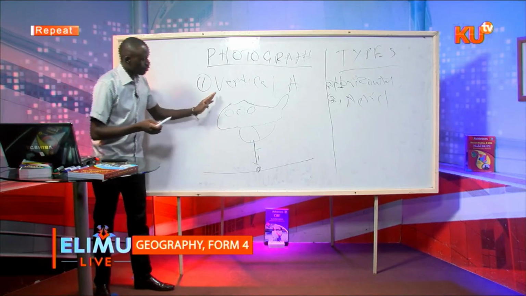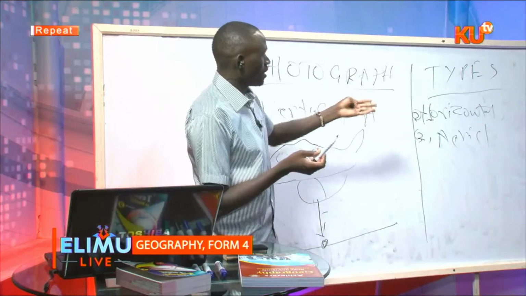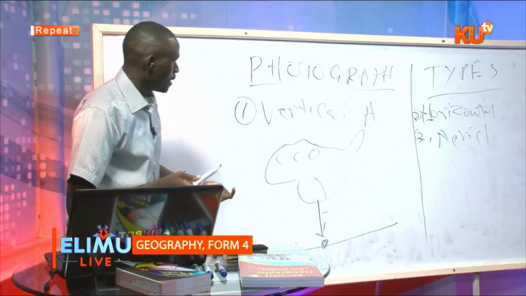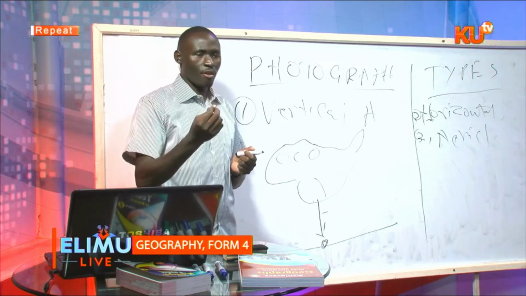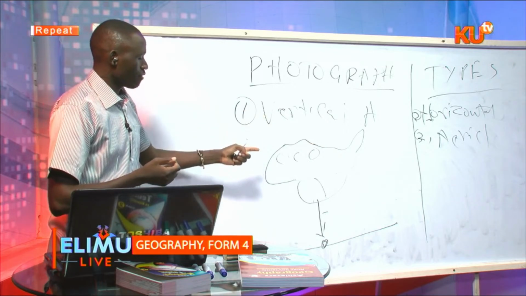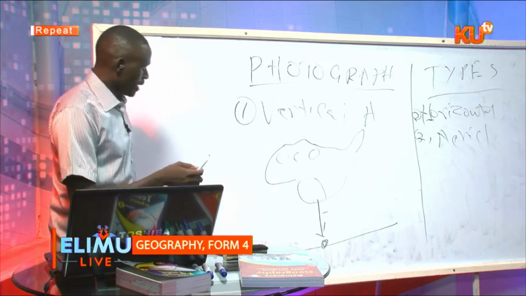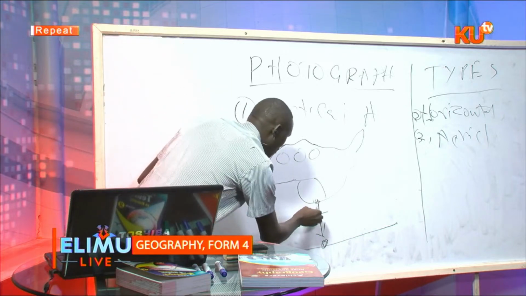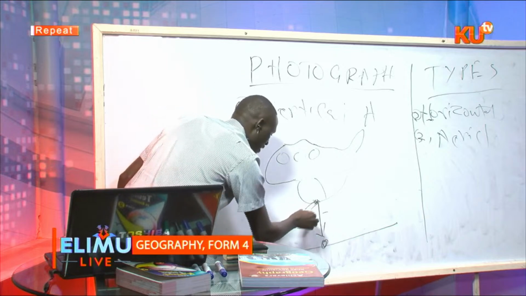Then the second one, we've talked of oblique. From the word oblique, when you are discussing the ground photograph, the first type is that there is some angle involved when carrying out the aerial photograph. This angle can look like this. When a camera is here, it can be tilted towards this direction.